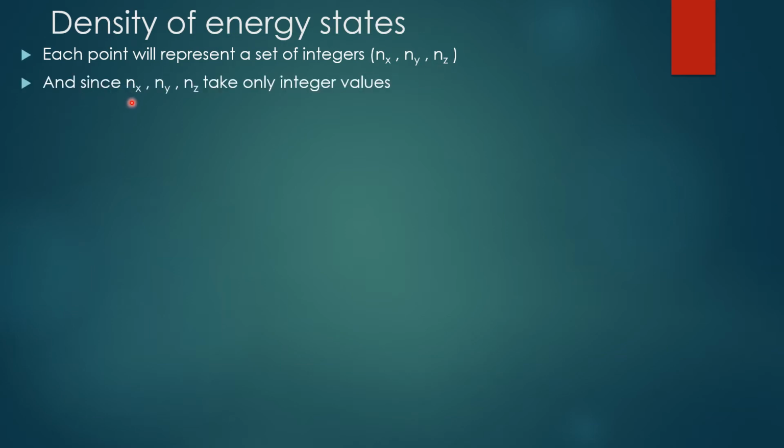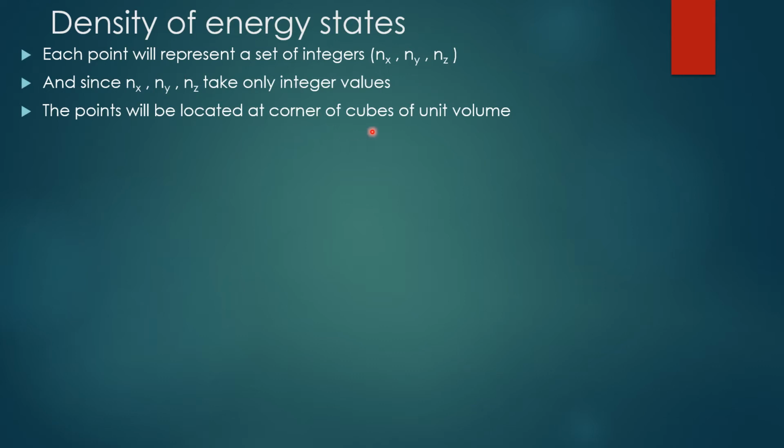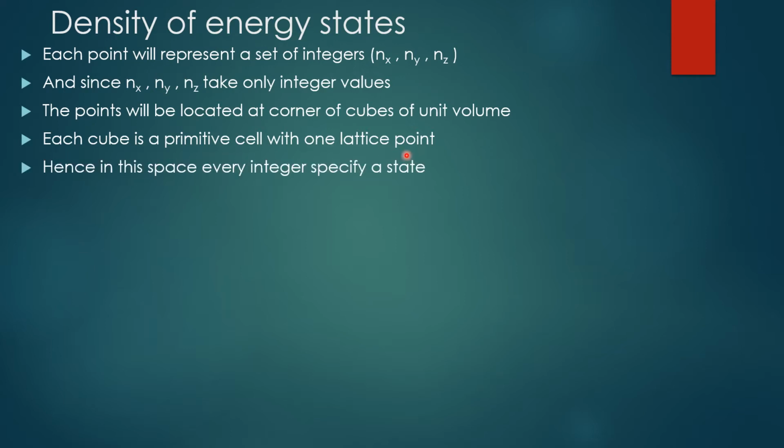Since nx, ny, nz take only integer values, the points will be located at the corners of cubes of unit volume. Each cube is a primitive cell with one lattice point. Hence, in this space, every integer point specifies a state, that is, a unit cube containing exactly one state.